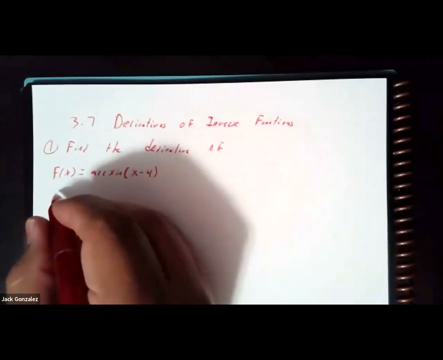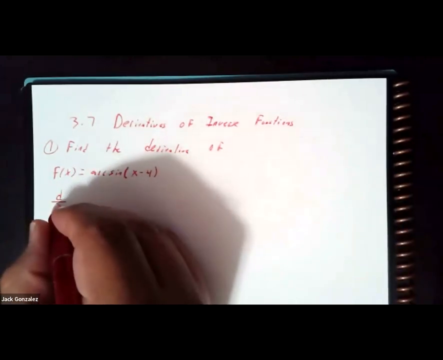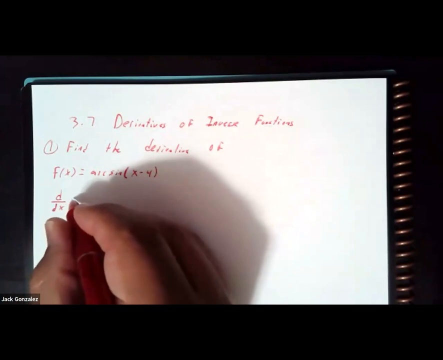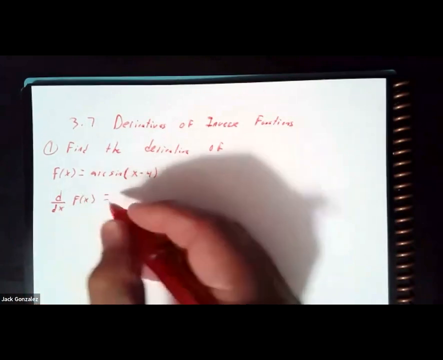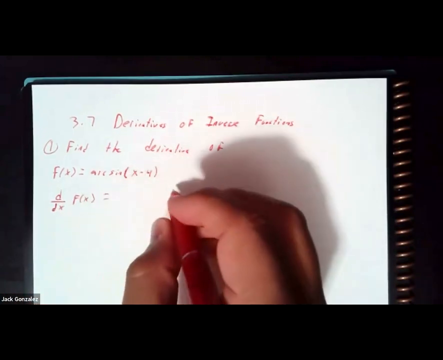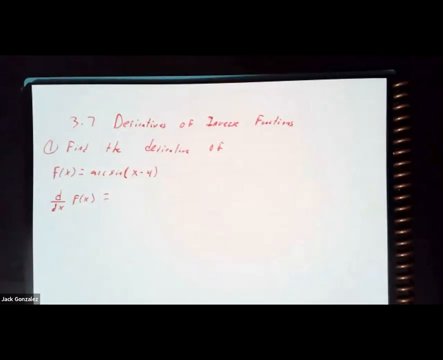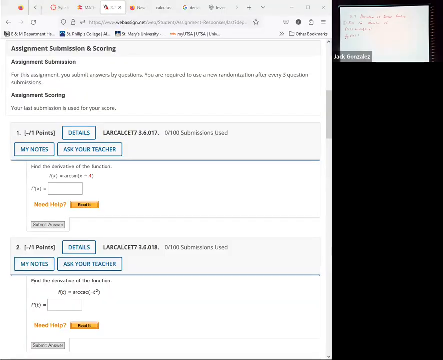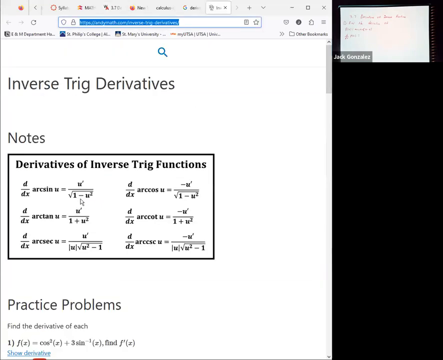So the derivative with respect to x would be equal to, look at the formula, would have the derivative of the argument up top.